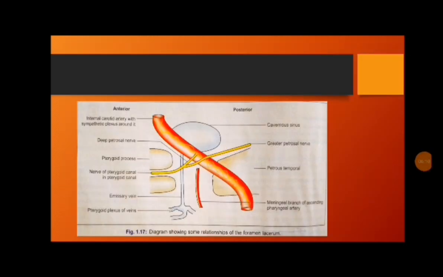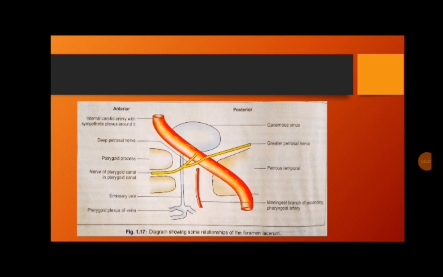So this is the diagram showing the relationship of foramen lacerum. Foramen lacerum transmits the meningeal branch of ascending pharyngeal artery, emissary vein from cavernous sinus, internal carotid artery, greater petrosal nerve. All these are important structures through the foramen lacerum, and this diagram is also important.